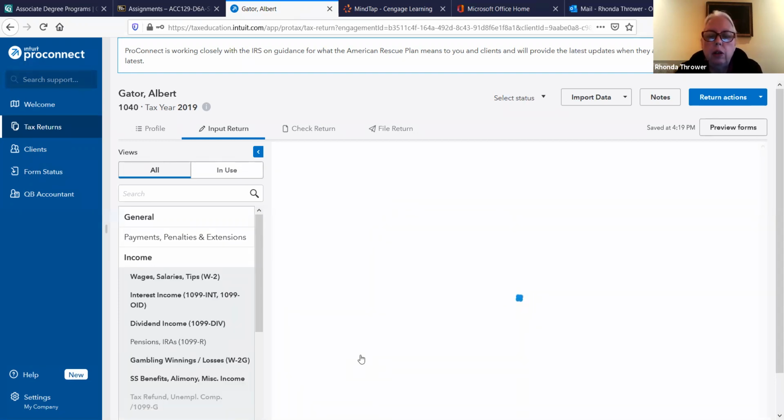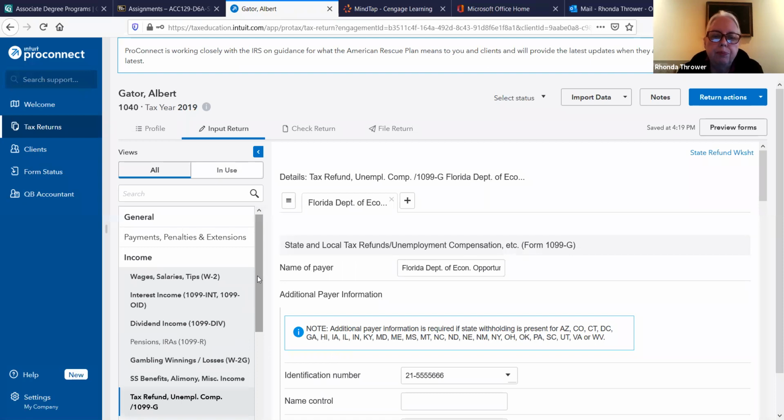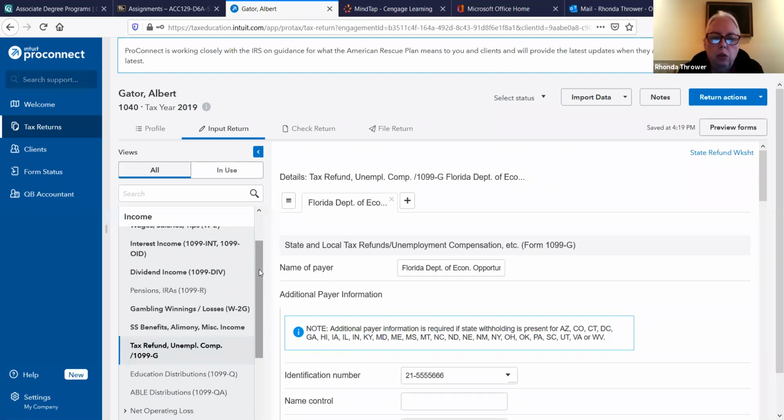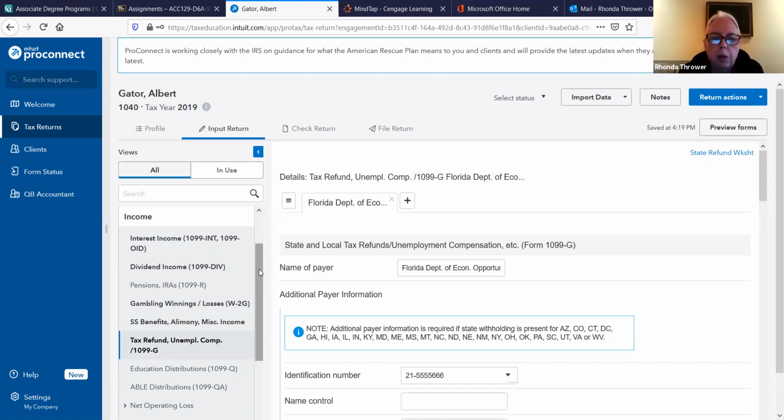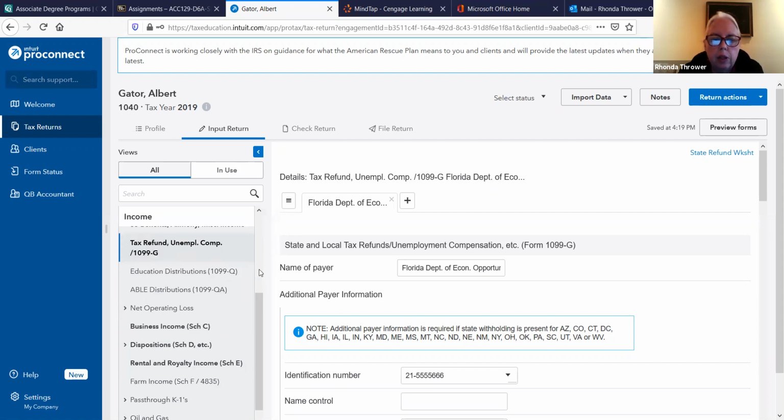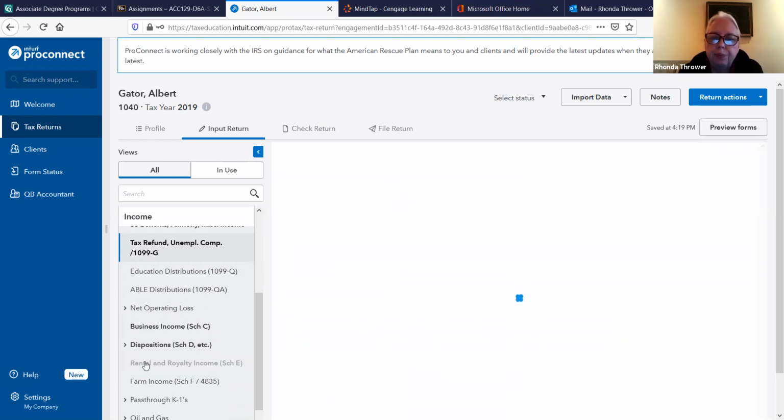Since this is going to be a rental type of income, you'll want to record this in the rental income place, which if you scroll down, you can see right here. There's a rental and royalty income. We're going to be looking at rental income for this particular problem. So I'm going to click on that.